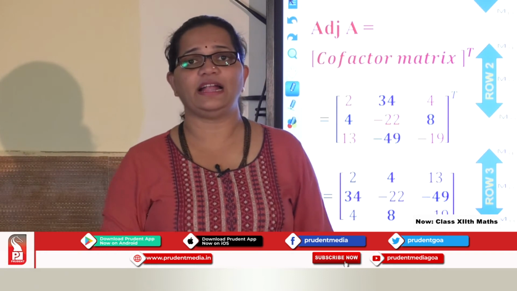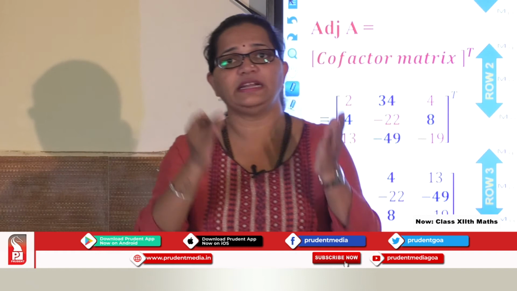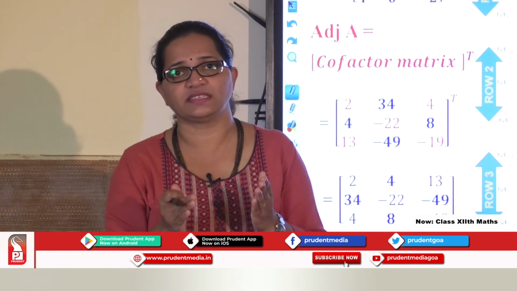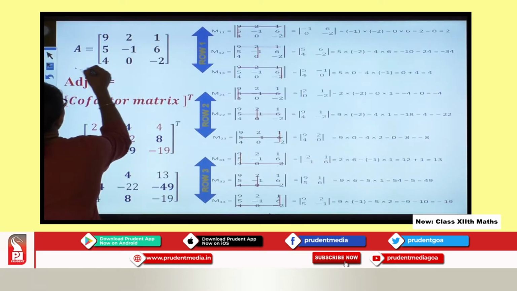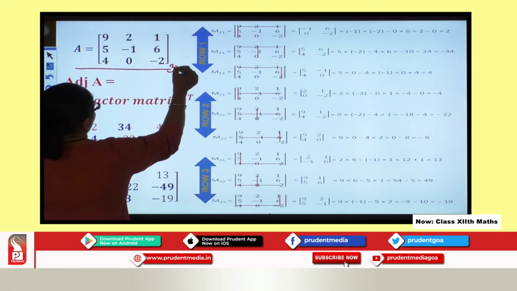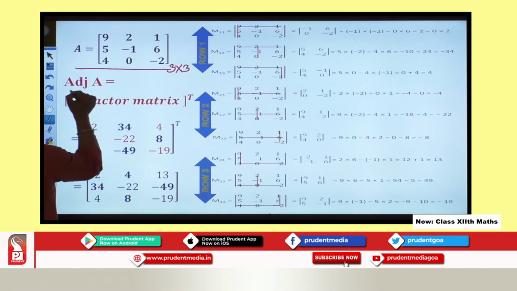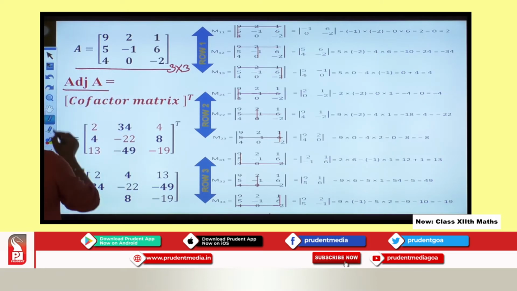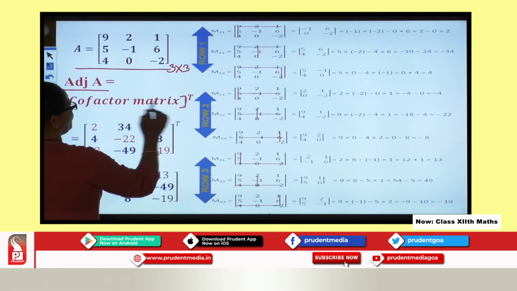Now let us look at the problem and try to understand how you find the adjoint of a matrix of order 3. Okay, so here I have my matrix and the order of it is 3, so I have 3 by 3, you can see. Now as I told you all, the adjoint is nothing but the transpose of cofactors.